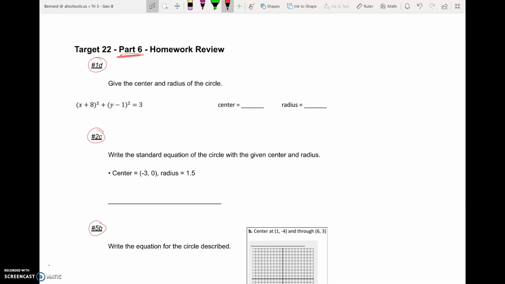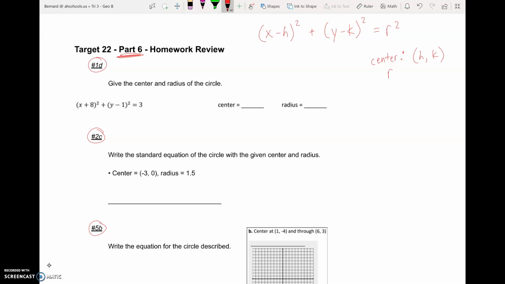Real quick, remember, since this deals with the equation of a circle, let's remind ourselves the general equation of a circle. So we'll get (x minus h) squared plus (y minus k) squared, and that equals r squared. And remember, our center is what (h, k) is, and generally we see them as opposite inside our parentheses here because of the minus, right?